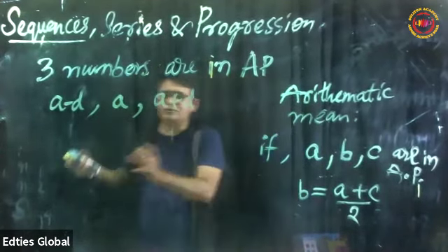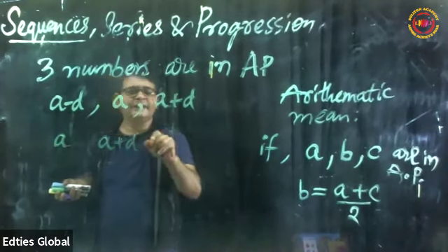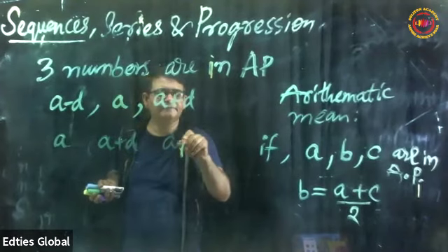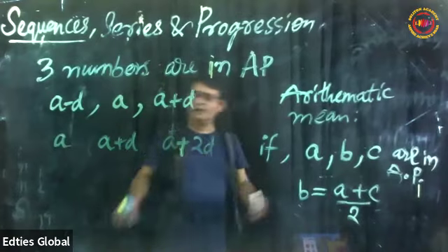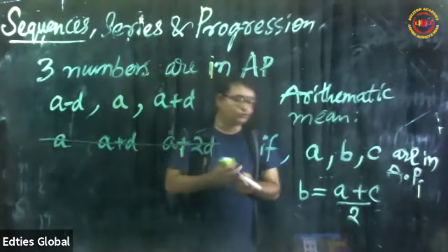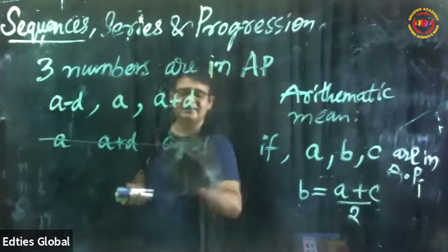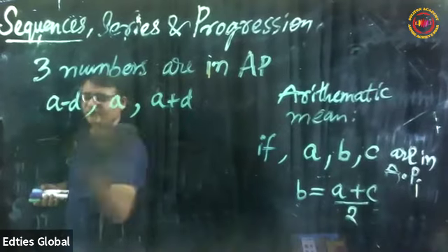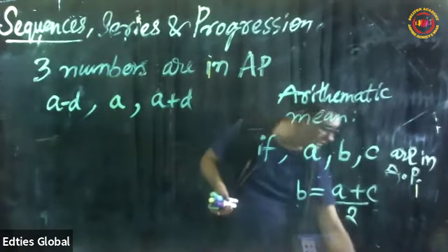You could have also done like A, A plus B, A plus 2B. Okay, you could have done this as well, but this is not a good approach. Similarly, you can devise a strategy for four numbers and five numbers.